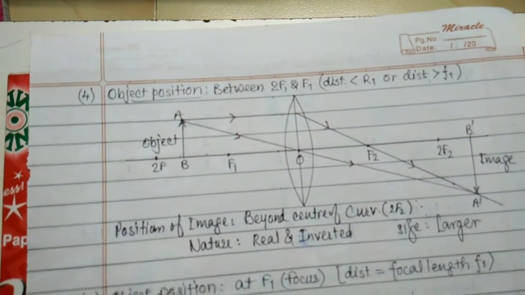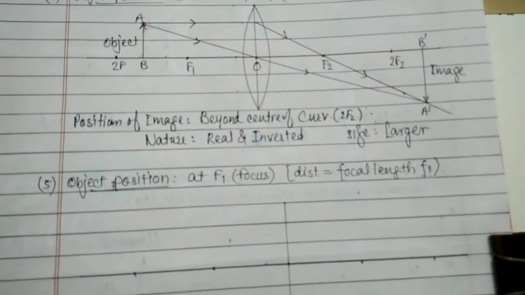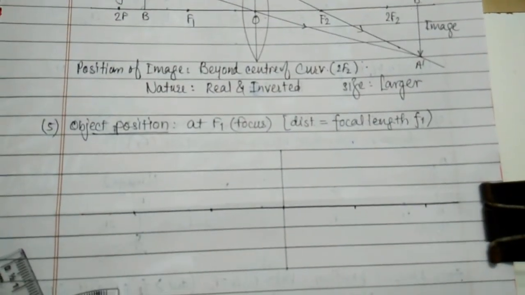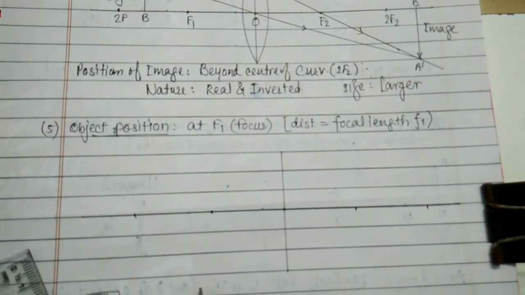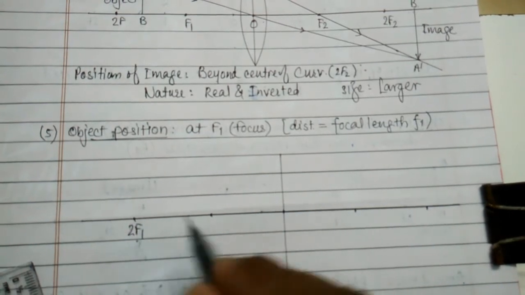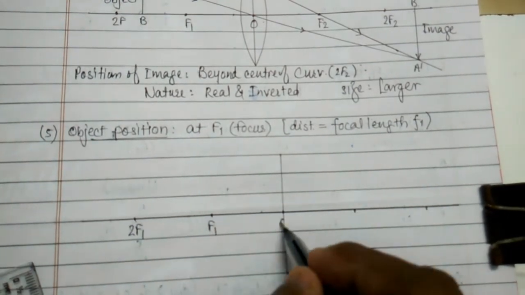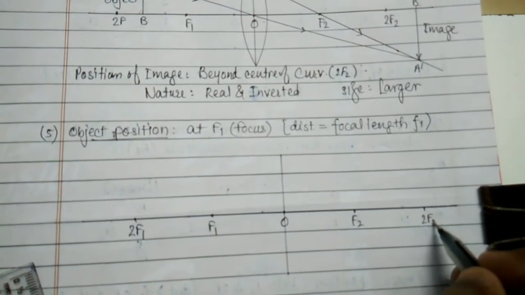Now the fifth one. For the fifth image, the object position is at the focus. Again 2f1, f1, O, f2 and 2f2.